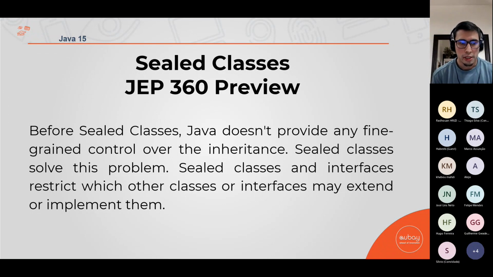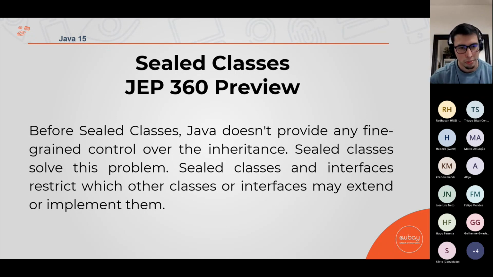So sealed classes solve this problem. Sealed classes and interfaces restrict which other classes or interfaces may extend or implement them. If you have never heard about sealed classes, probably it's not clear enough.